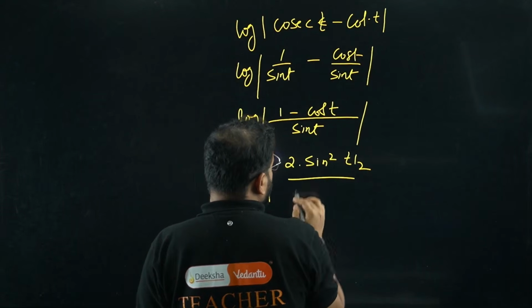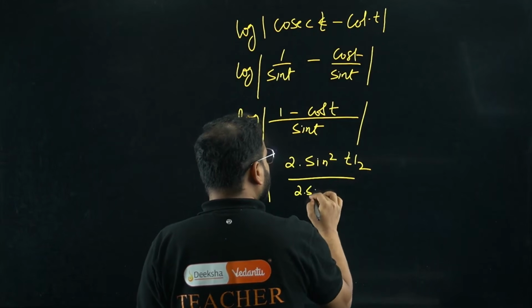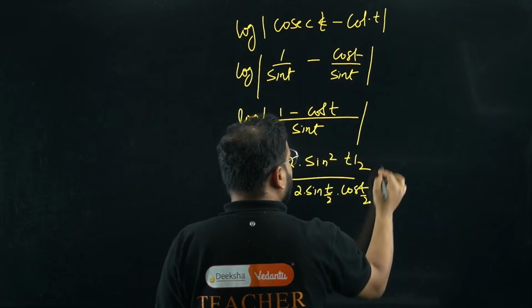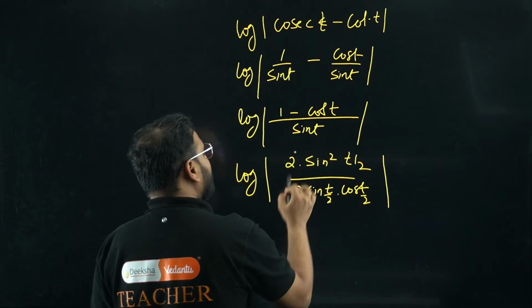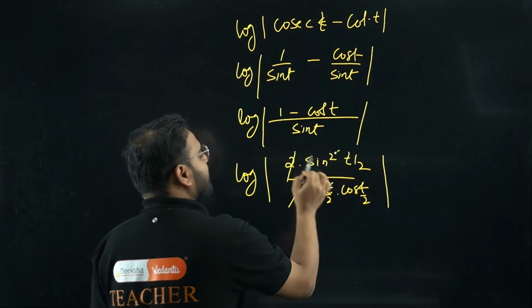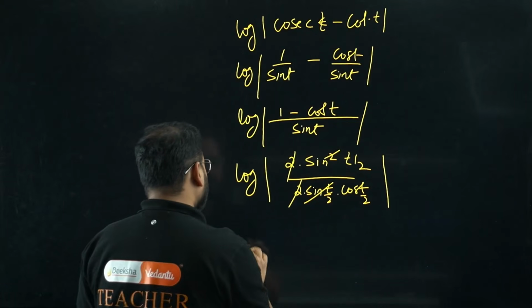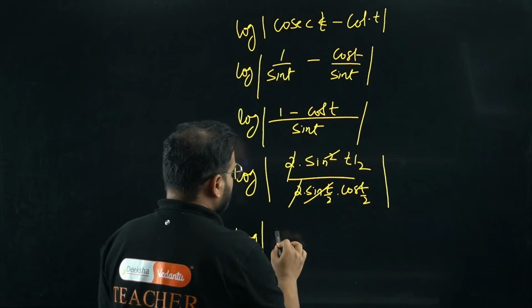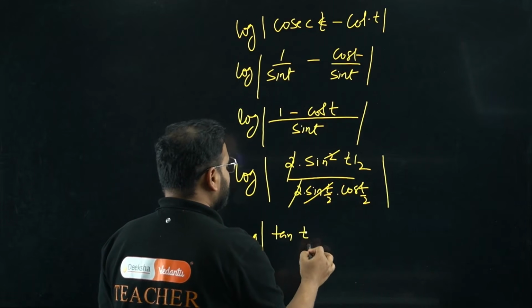This will become 2 sin t by 2 into cos t by 2. So 2 and 2 are cancelled, and one of the sines is cancelled. I have only one sin left in the numerator and cos here, sin by cos, so tan t by 2.